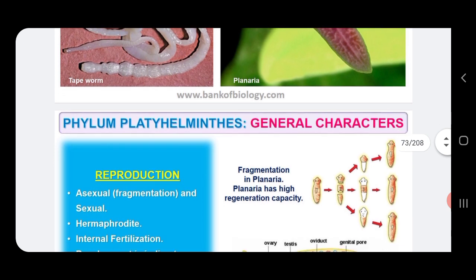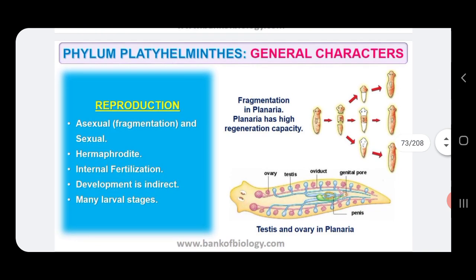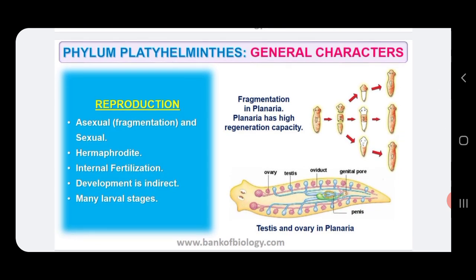Then when it comes to reproduction, mostly they are bisexual. Here fertilization is internal, and then development is direct or sometimes indirect, and it includes several larval stages. For example, in liver fluke.